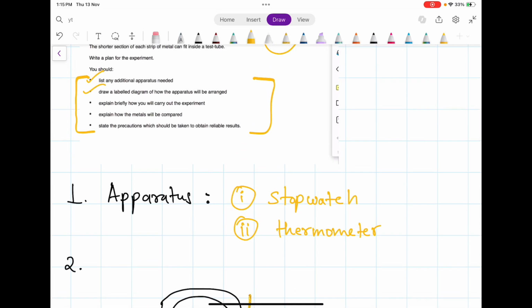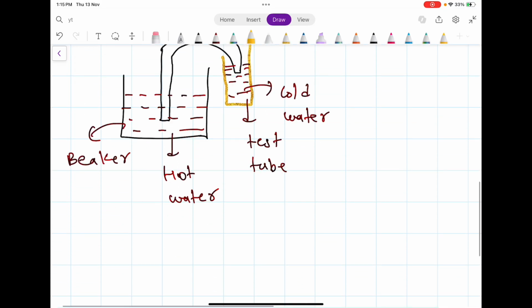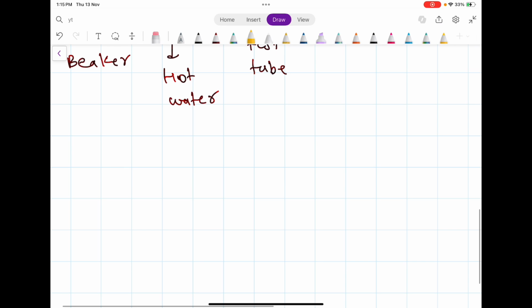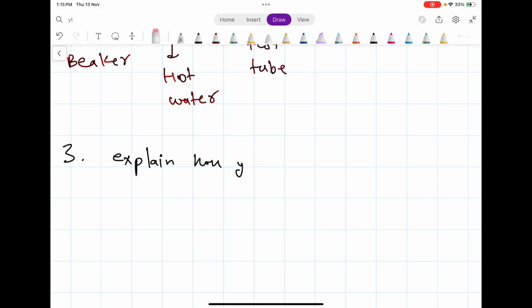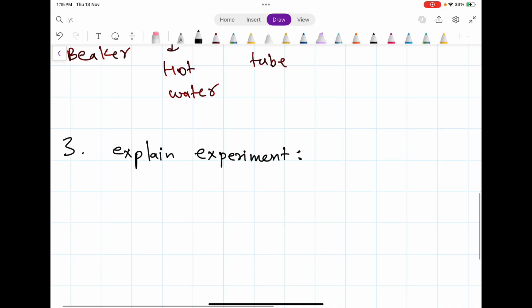Now explain briefly how you will carry out the experiment. So how can you perform the experiment? Third point, explain how we can carry out the experiment.